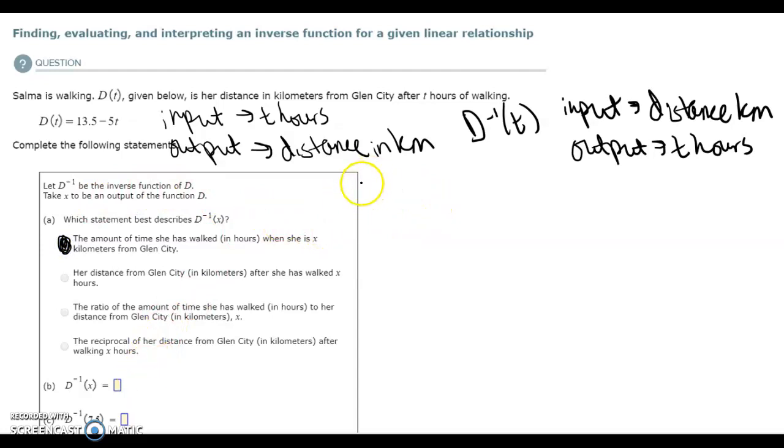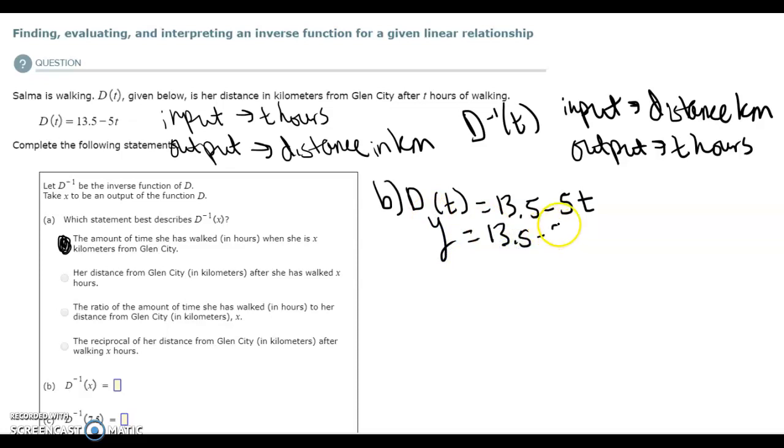For part B, it asks us to actually find the inverse. This is a little different just because it doesn't have x and y's. We can think of this multiple ways. We can change this to y and this to x and then change it back at the end.